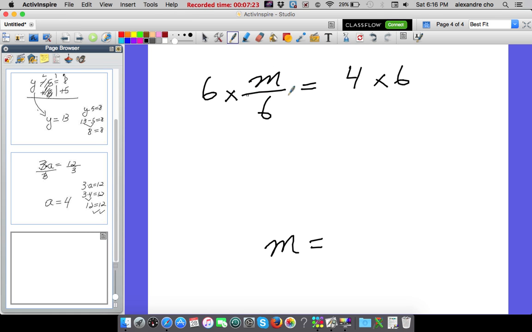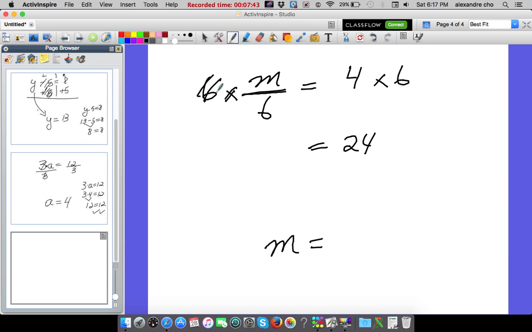We're going to multiply m over 6, which is what you originally have, by the denominator. The denominator is 6, so you're going to multiply by 6. That's how I got the number 6. Whatever I do to one side, I must do to the other side. The 4 will also be multiplied by 6. So on this side, it's easy because 4 times 6 is 24.